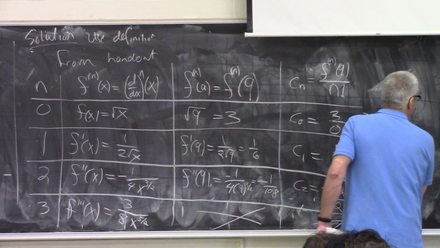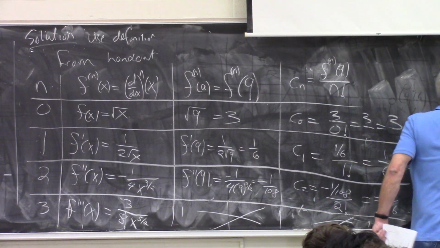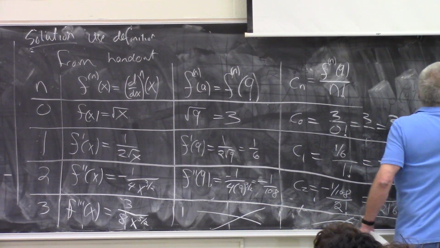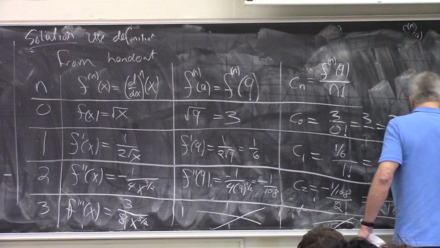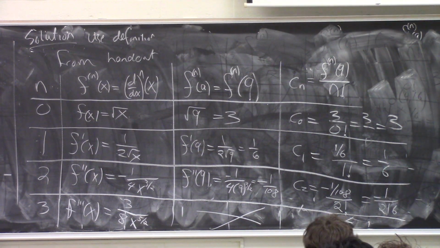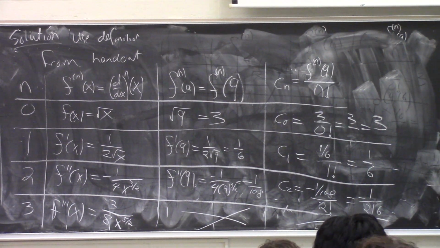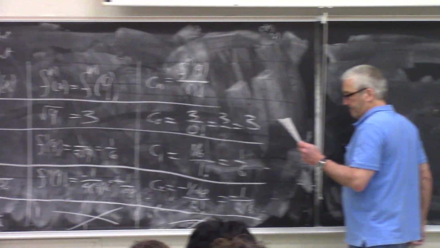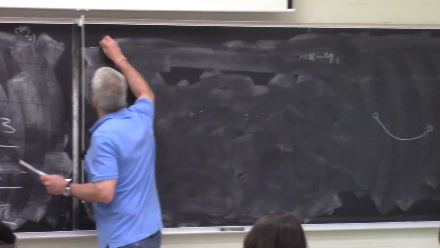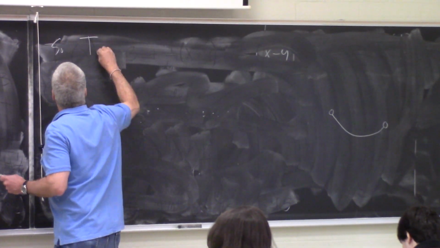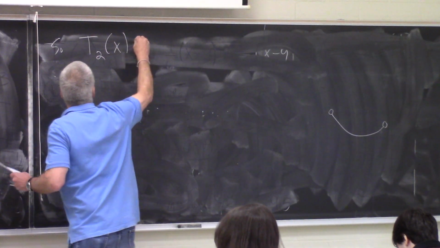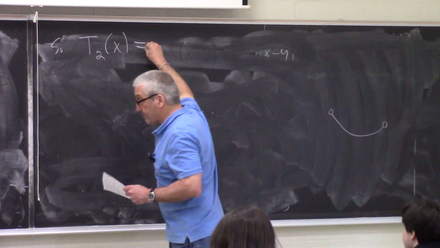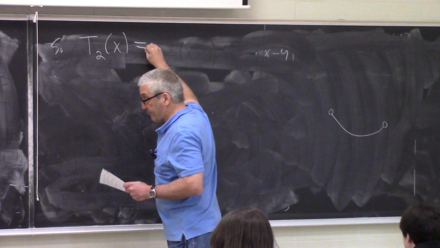Okay, so here we go. Let's build our Taylor polynomial. The second degree Taylor polynomial is, we'll just get those coefficients and park them next to powers of x minus a.